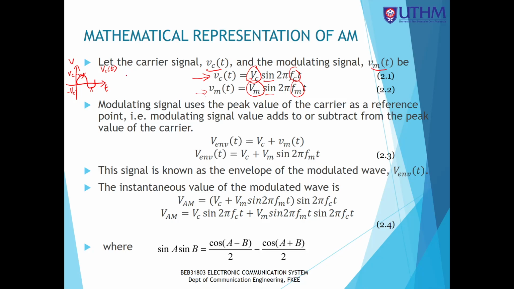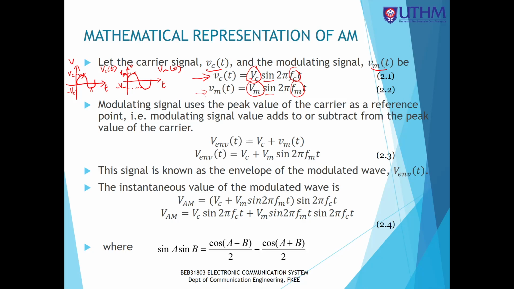Similar for the VMT. So this is VMT. So the peak amplitude is VM, and the negative peak here is also VM, but it is negative VM.